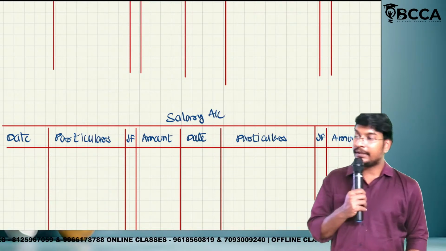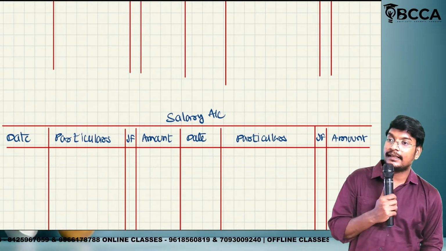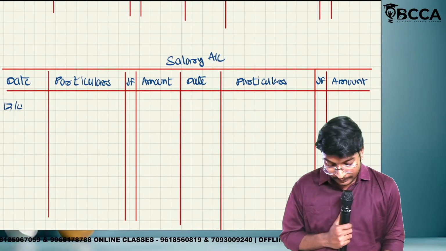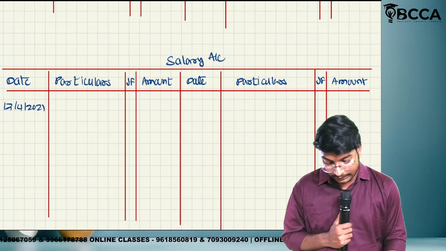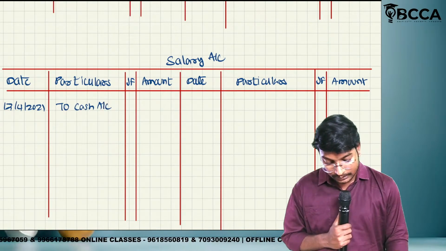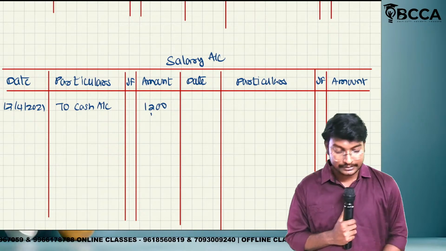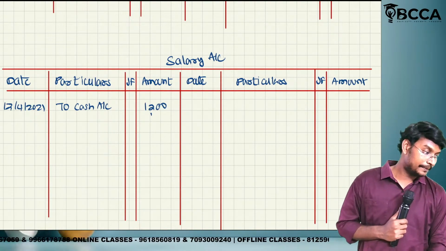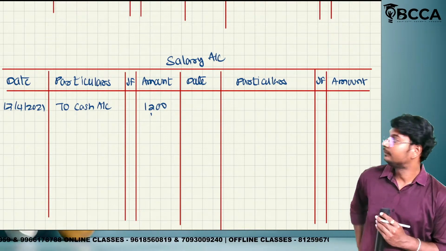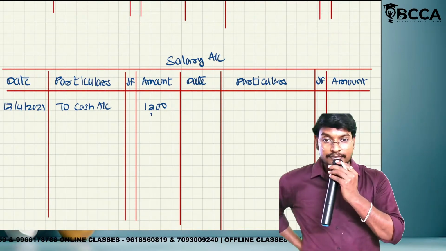Salary account, debit or credit? Debit, because in the journal entry salary is debited. On which date? 12th April 2021, to cash account. How much? 1200 rupees. Okay guys, completed.